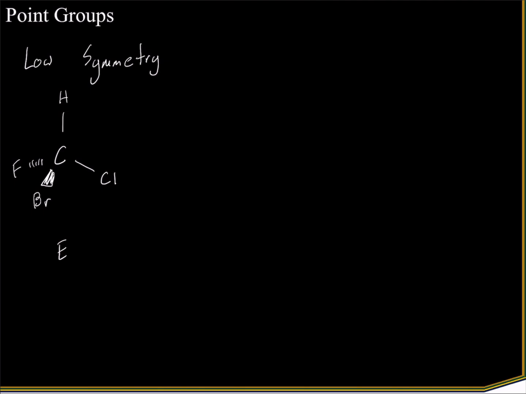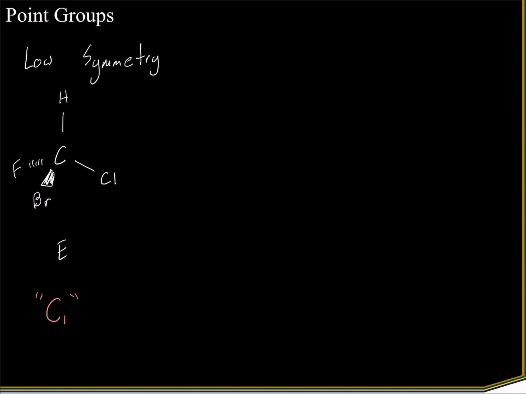There's no other rotational axes, there's no inversion center, there's no mirror planes that we can draw for this structure. And so this gets a special label. This is in the point group C1. This is a special low symmetry point group where the only operation is the identity. We can think of the C1 label here as being, again, just that the C1 rotational axis is the only thing we can do for this structure.